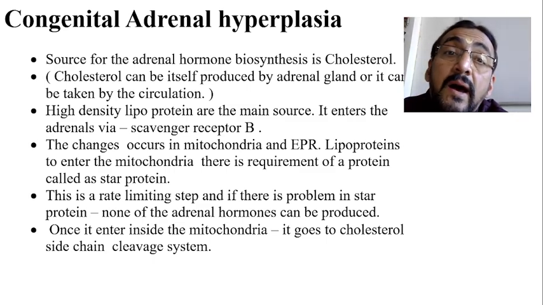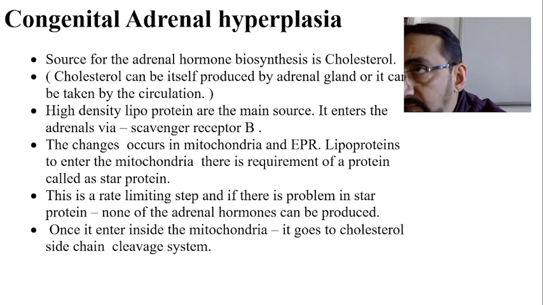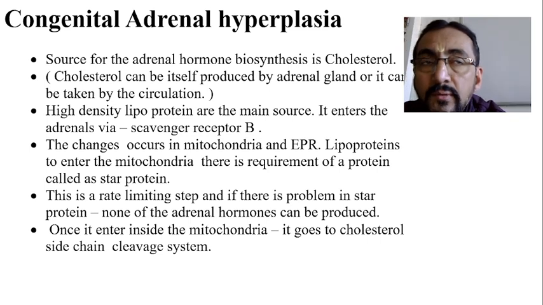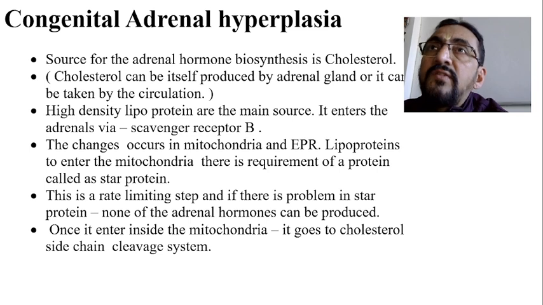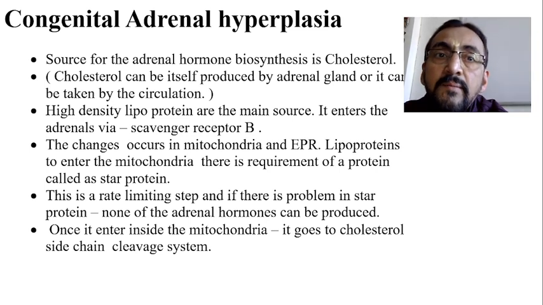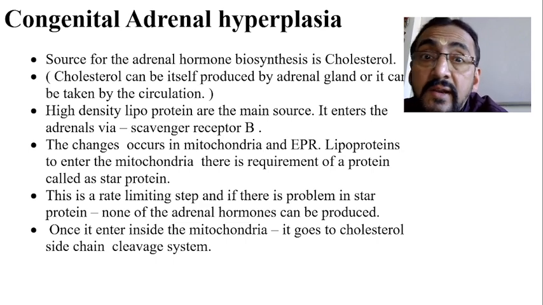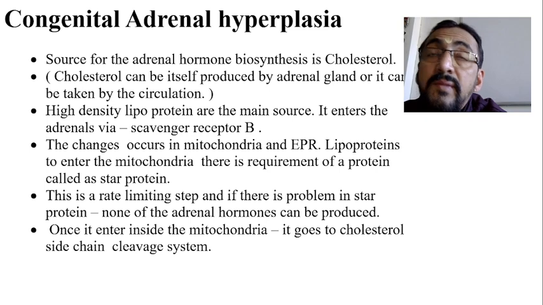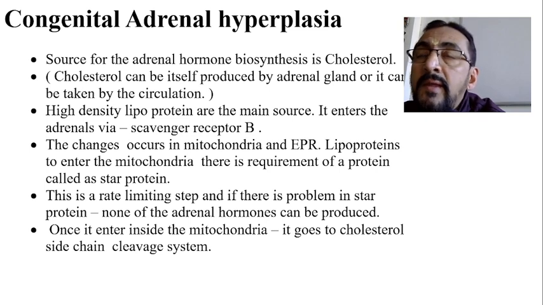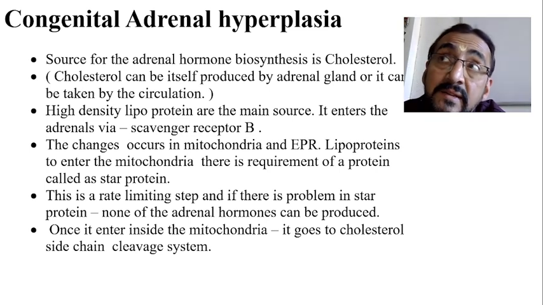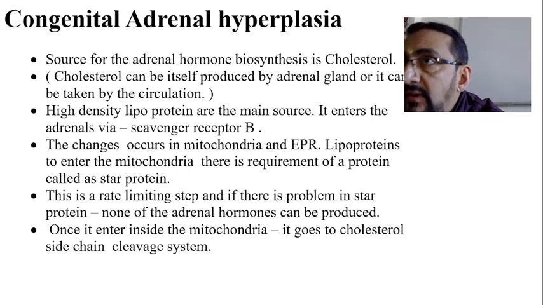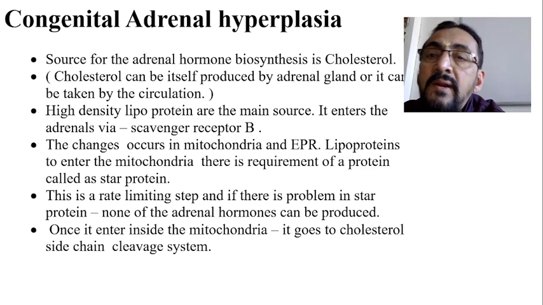The source of the adrenal hormone biosynthesis is cholesterol. All the three hormones are produced once the cholesterol enters inside and changes take place. This cholesterol can be produced by the adrenal gland itself as per its requirement, or it can be taken from the circulation.